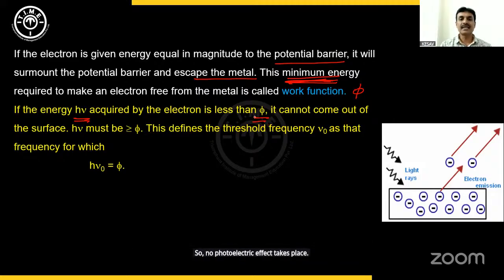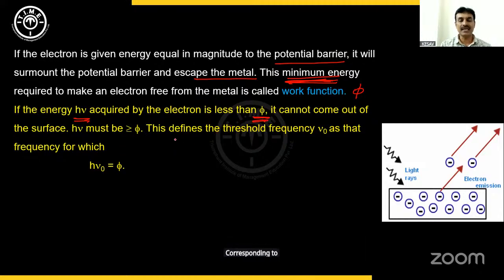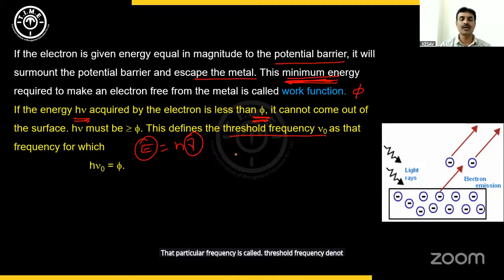That's why there is a certain minimum energy corresponding to a minimum frequency. As we know, E is equal to h nu. So, when you talk about energy, that is related to frequency. That particular frequency is called the threshold frequency, denoted by nu naught.